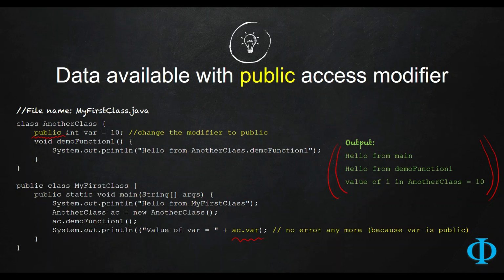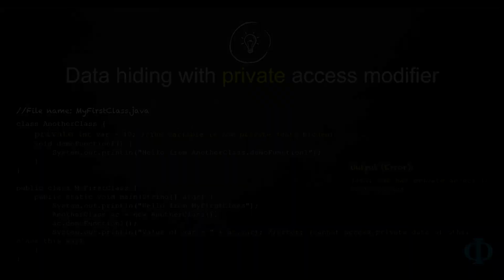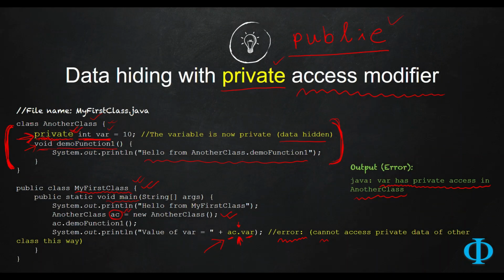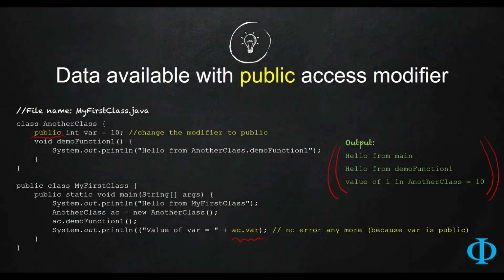Whenever you make it private like this, its access is restricted only inside this class, and whenever you make it public like this, now you can access it from outside the class also.